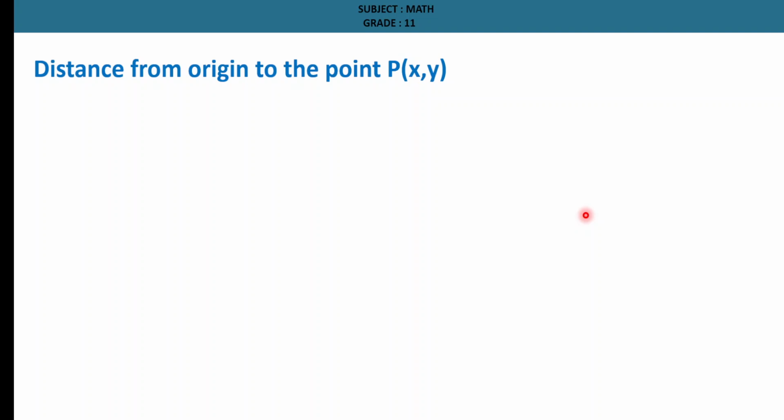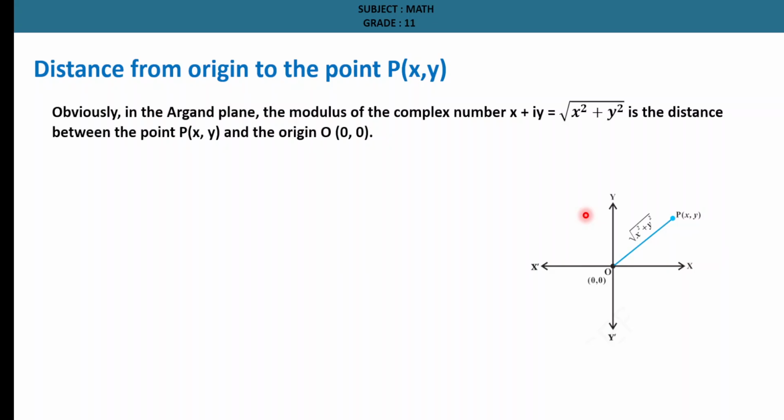Distance from the origin to the point P of x, y. Obviously, in the Argand plane, the modulus of the complex number x plus iy is equal to the square root of x square plus y square, which is the distance between the point P x, y and the origin. We know the distance between two points is the square root of x2 minus x1 whole square plus y2 minus y1 whole square.